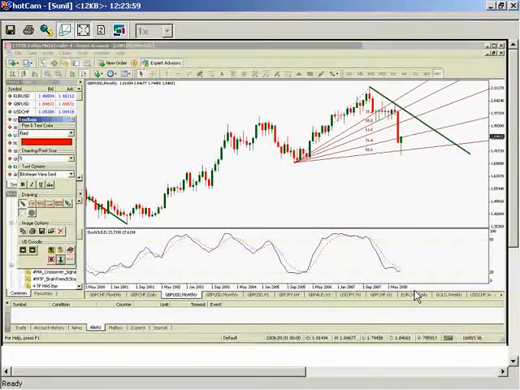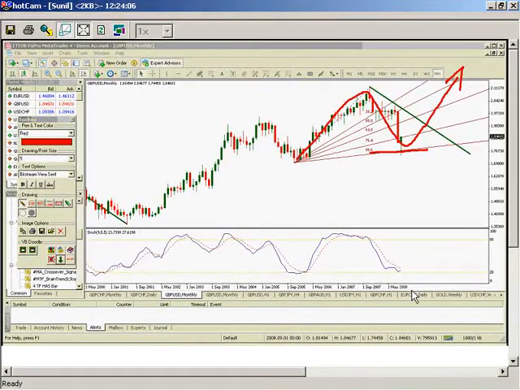We had price finding support at the Fibonacci fan levels, so we can expect price to resume direction to the upside. Now again, mind you, trading a hidden divergence is not just determining that this is a hidden divergence. There are rules and means based again on fibs.